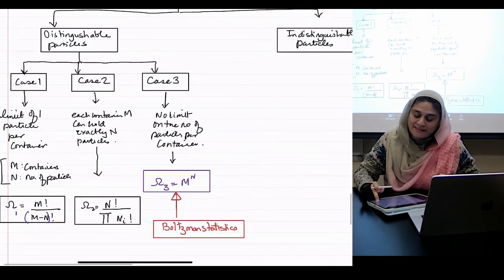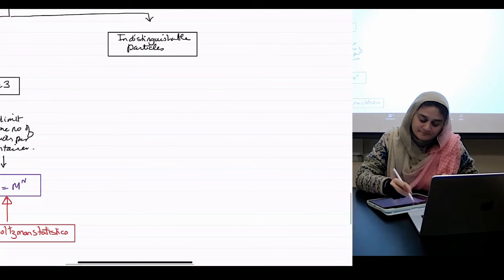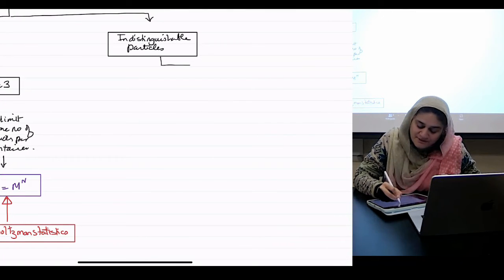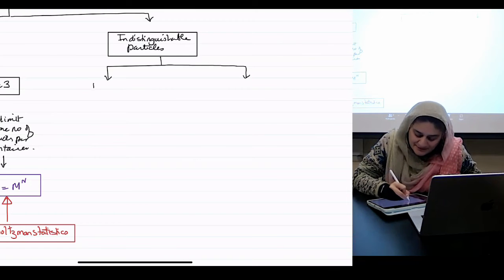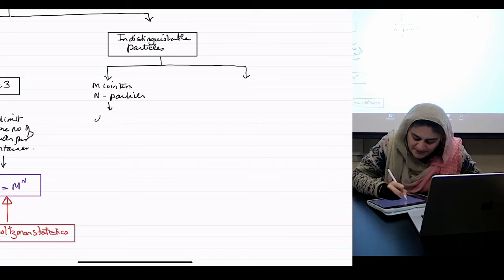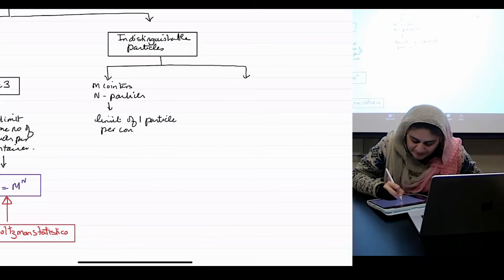Okay, now what about indistinguishable particles? There are two different scenarios. One is m containers, n number of particles, with a limit of one particle per container.